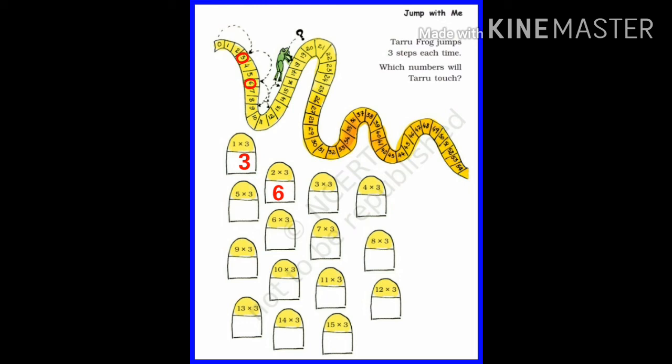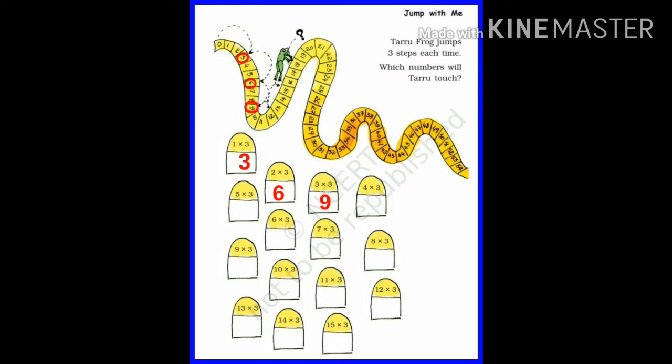Again, on counting 3 steps from 6, we will get 9. So, in the box where 3 multiplied by 3 is written, we will write 9. Similarly, from 9, if you count 3 steps, you will get 12.